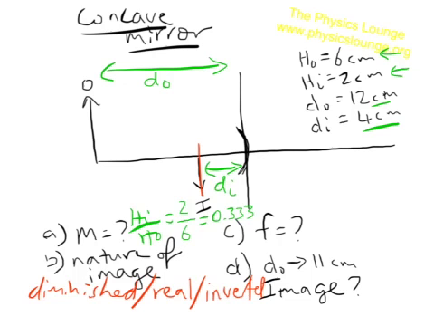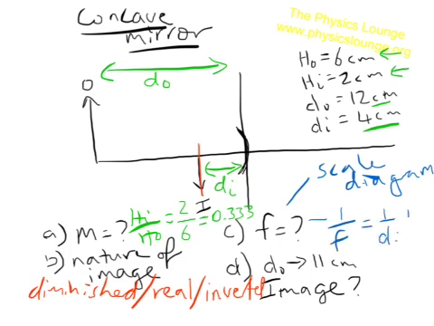To answer C, we're asked, what is the focal point? Okay, now there's a couple of ways we could approach this. We could draw a scale diagram and work that through, or we can use Descartes' formula, 1 over f equals 1 over di plus 1 over dO.